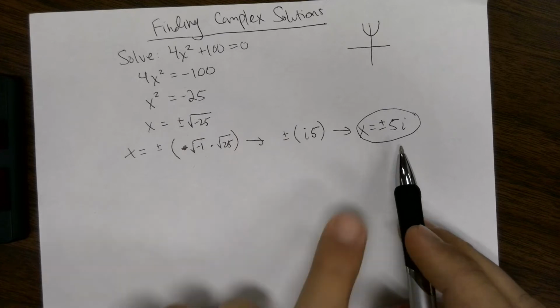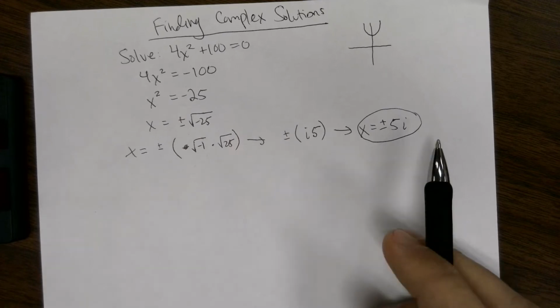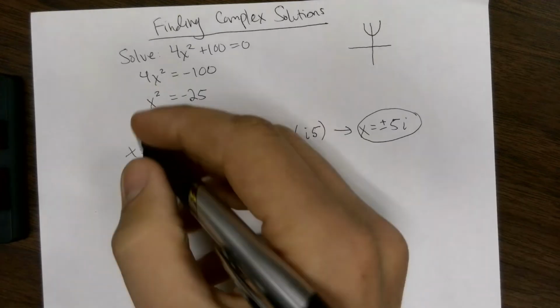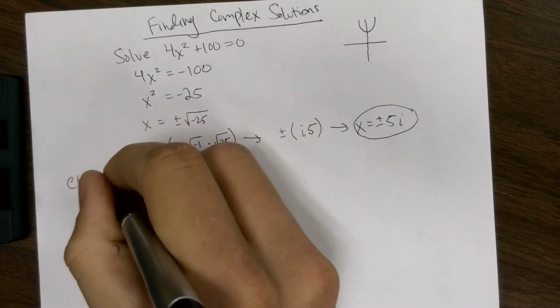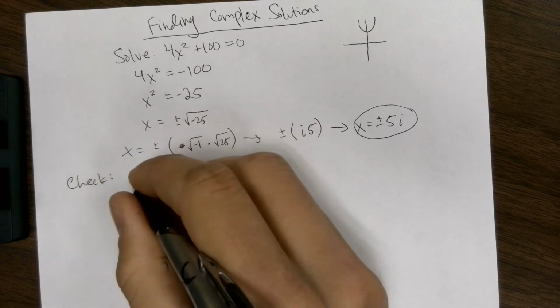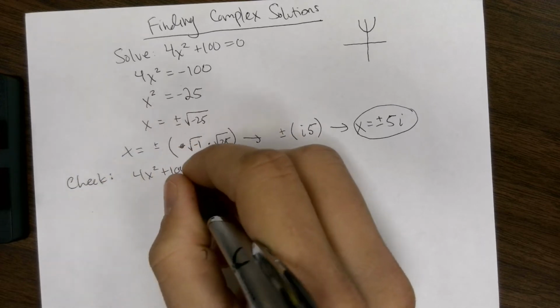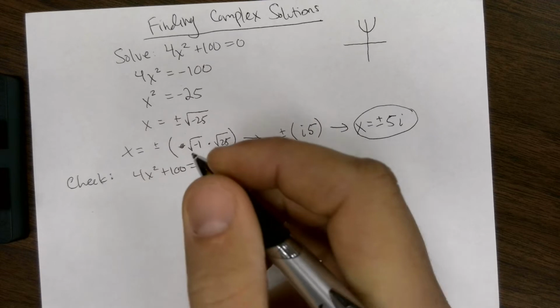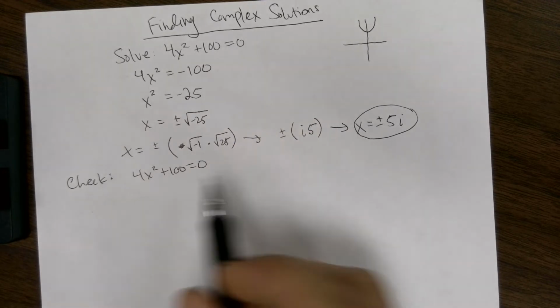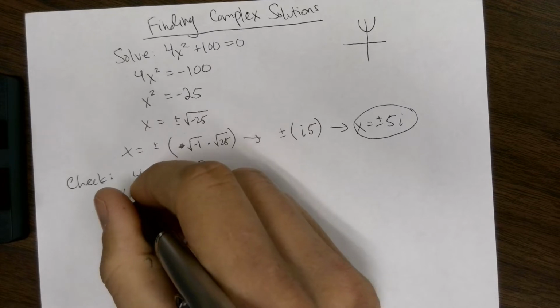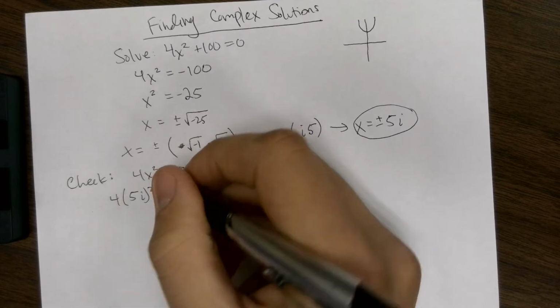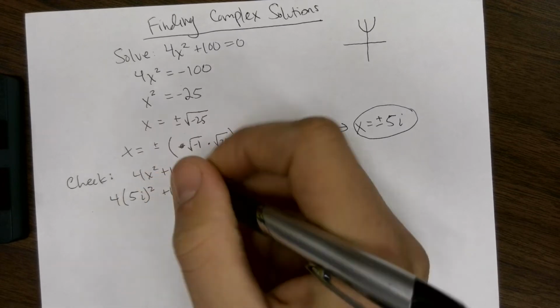So now I'm going to check this and show you that it works. I'm going to throw it into the equation. So I have 4x squared plus 100 equals 0. I'm going to throw in positive 5i. 4 times 5i squared plus 100 equals 0.